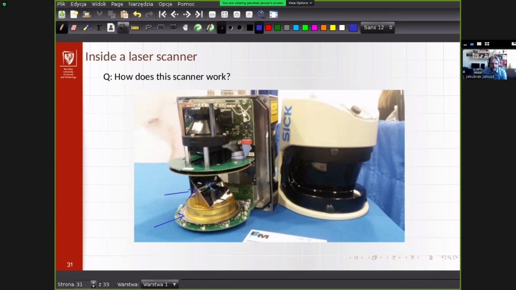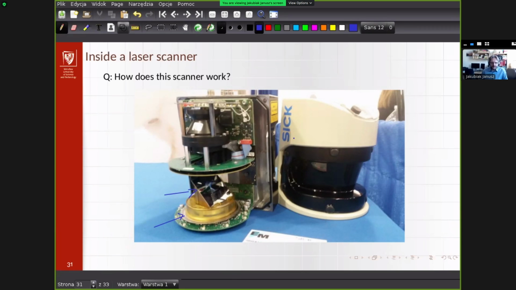and the exact direction in which the beam is sent is therefore known very well. In fact, it was for a long time this company, SICK, that you can find here, that had a monopoly in laser scanners because they were the only company that had practically solved the two main problems here. So how to stabilize the velocity for a long period of time to get very precise measurement of the angle.